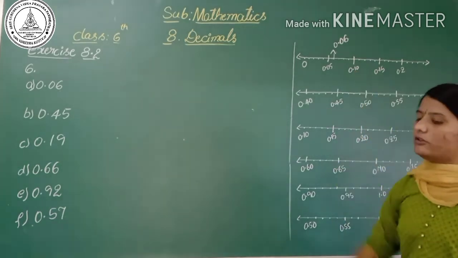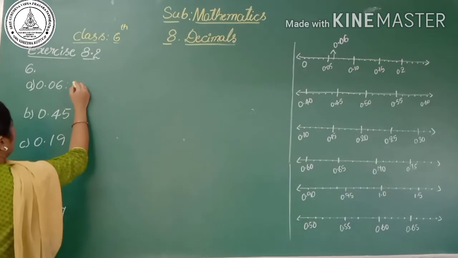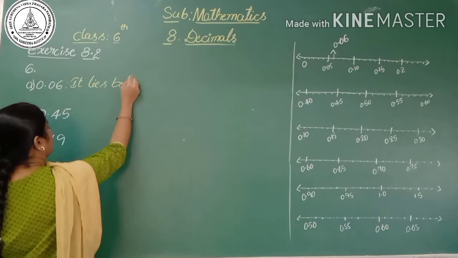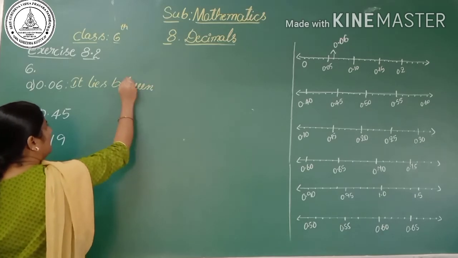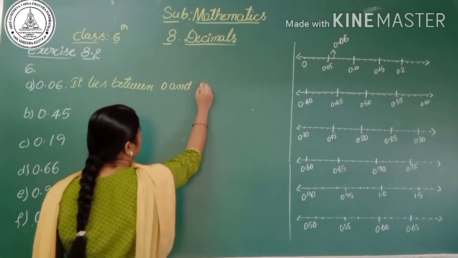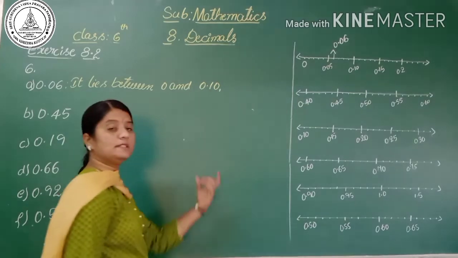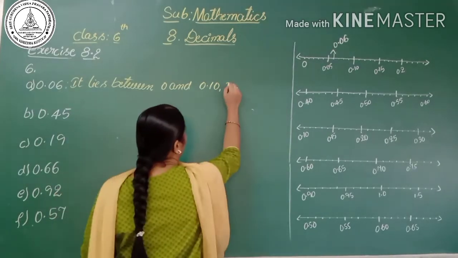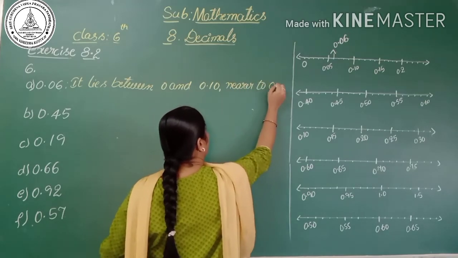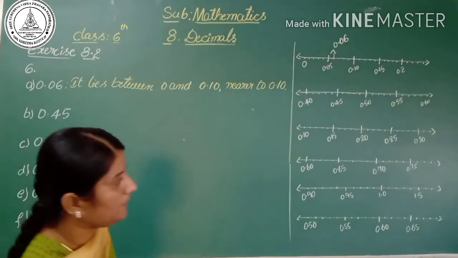So it lies between 0 and 0.10, and is nearer to 0.10.